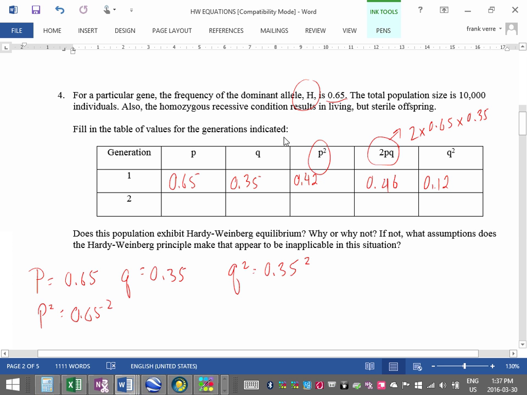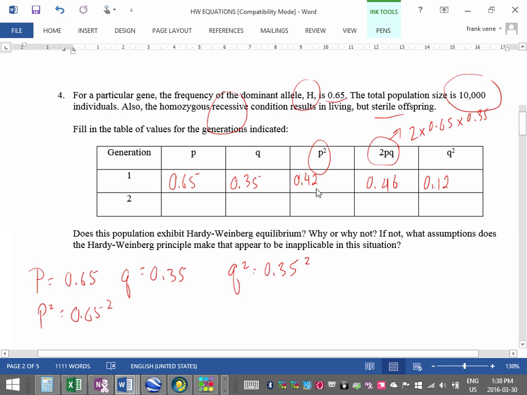Now, it says that the homozygous recessive is sterile. So we've done a scenario like this, right? That means that they can't have babies. So if we were to translate this into actual individuals, 42% of my population would be how many people? I have 10,000 people.